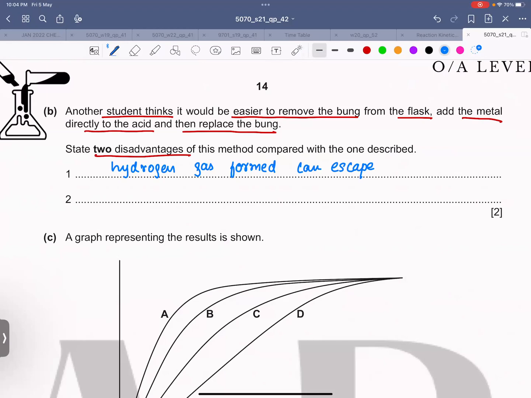So we are not going to get the exact volume of hydrogen that is formed. So we can write that the bung will displace the gas into the measuring cylinder.